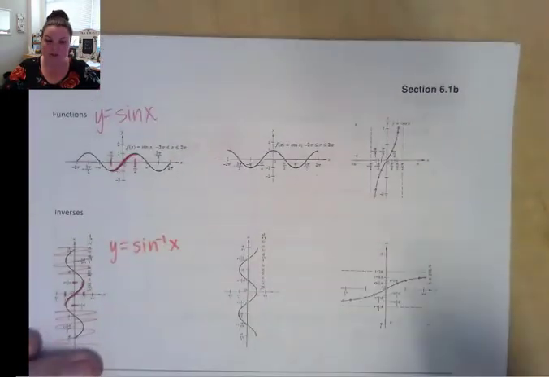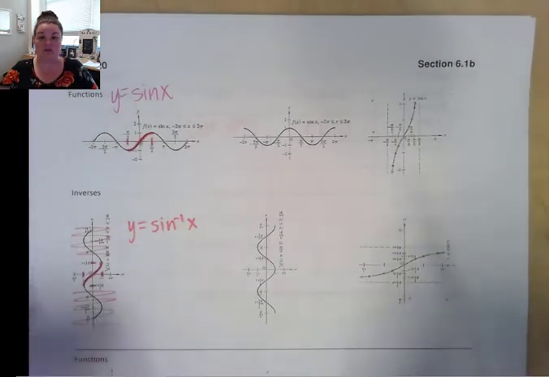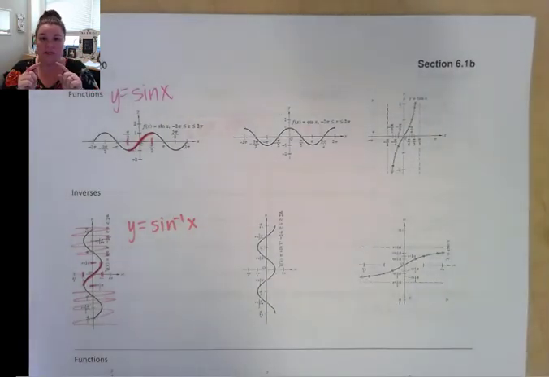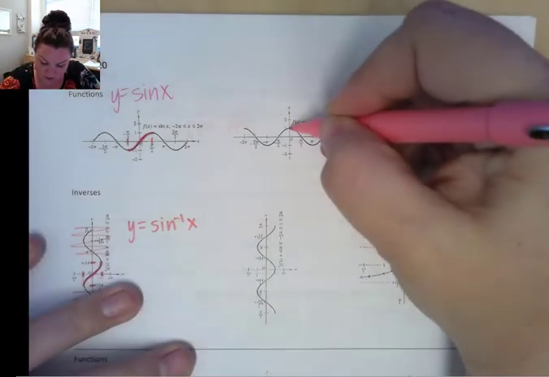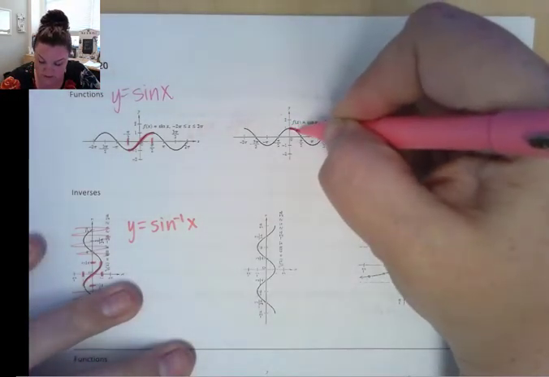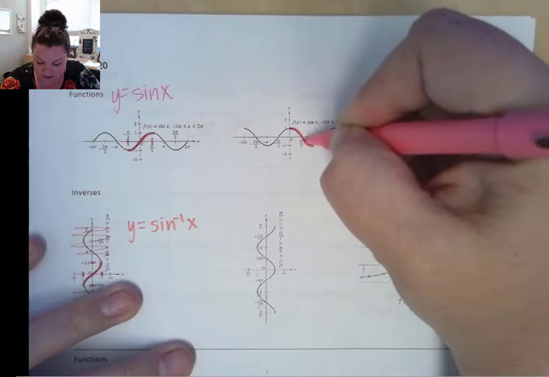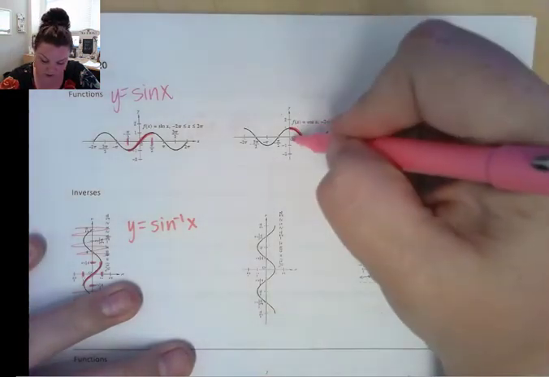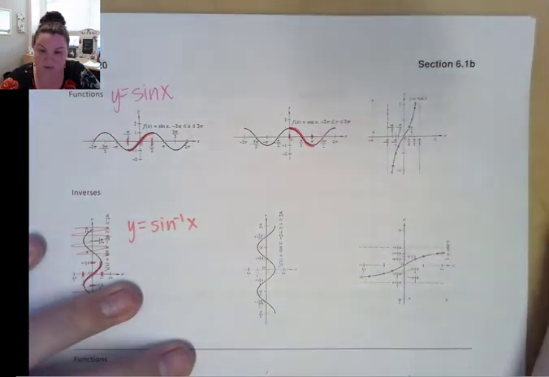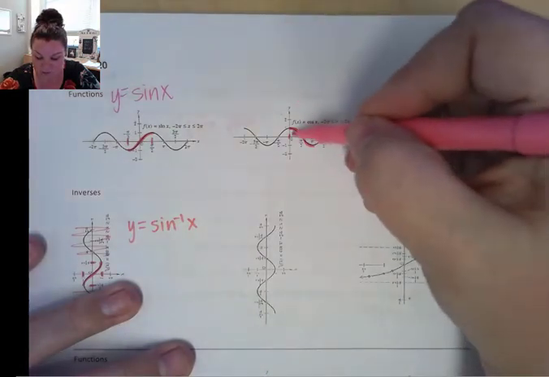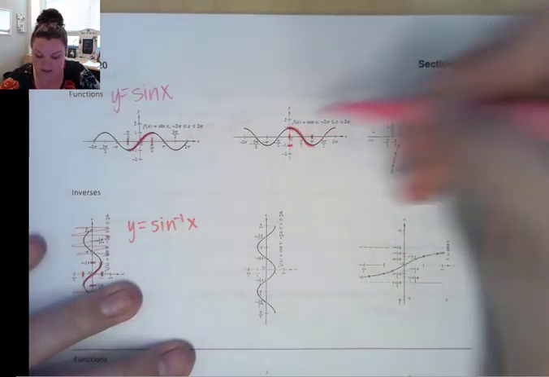All right, so now let's look at cosine. Again, we want to restrict it so that we get all possible y values, but no repeats. So we started with our normal cosine starting point, and we just went over to pi, right? Because if we start at 0 and go over to pi, that gives us every y value between negative 1 and 1.